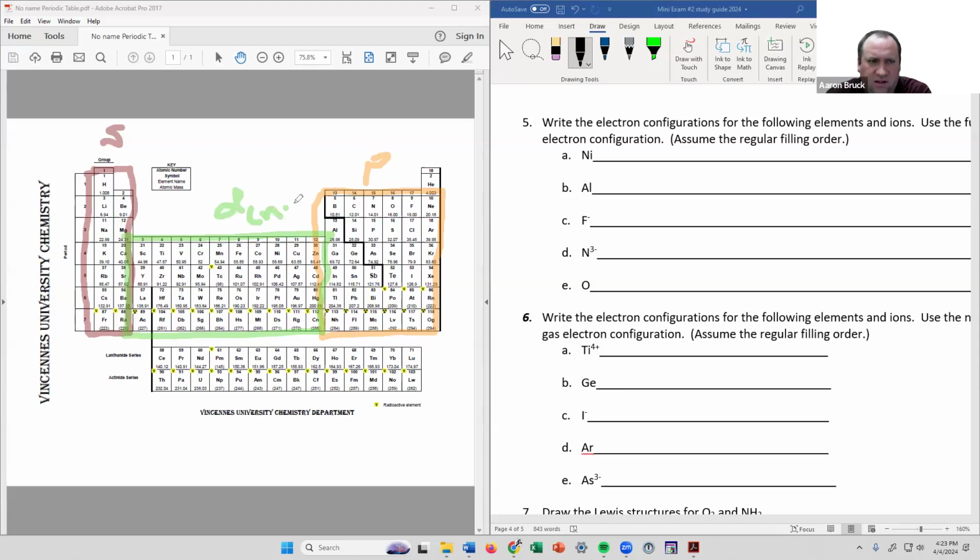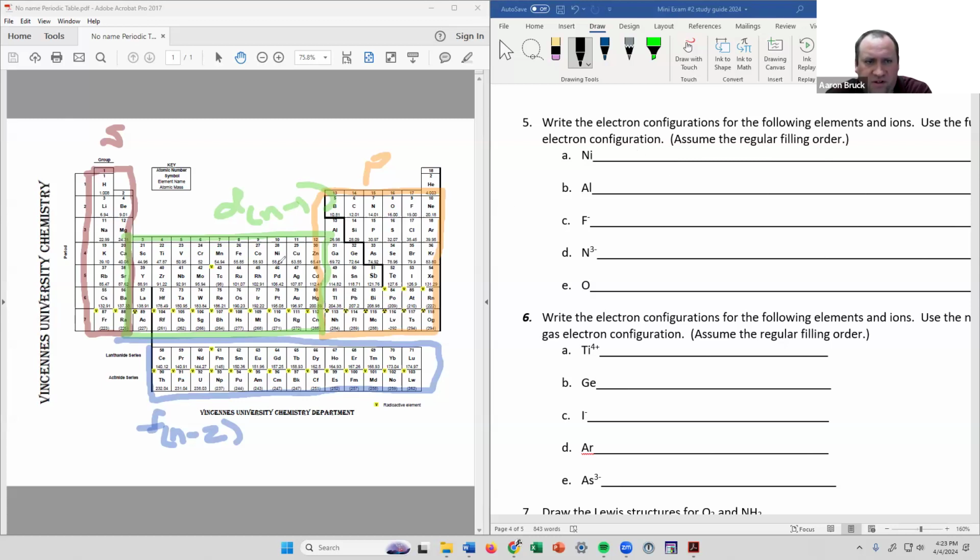And we have to remember the D zone is n-1. And then we've got the F zone down here at the bottom. And we got to remember that the F zone is n-2, although we've already gone through the fact that we're not going to actually use it. So in that case, it doesn't matter as much.